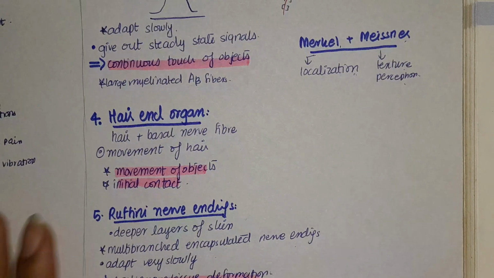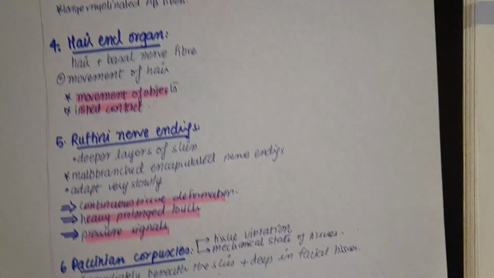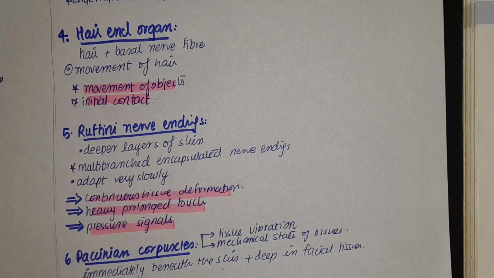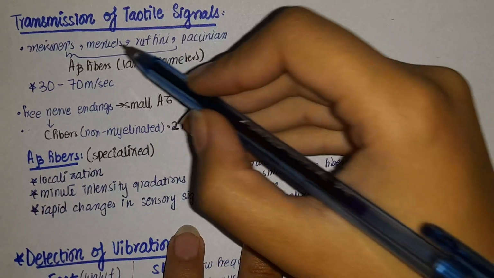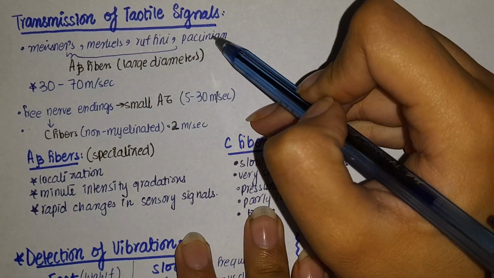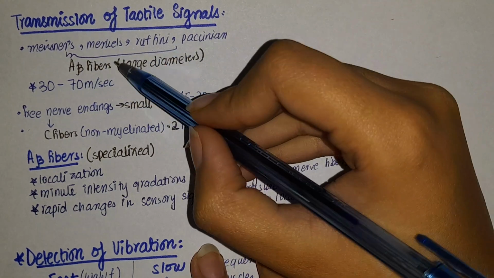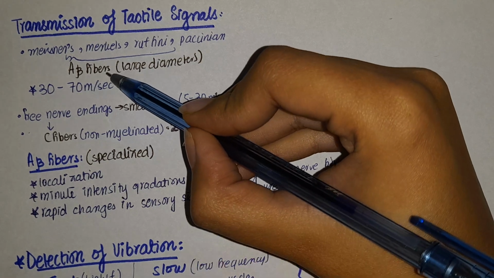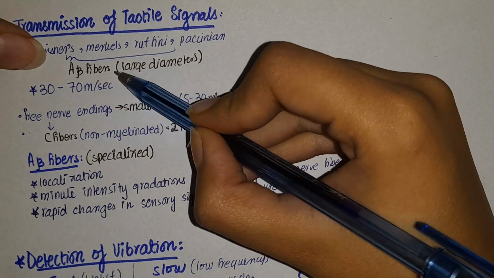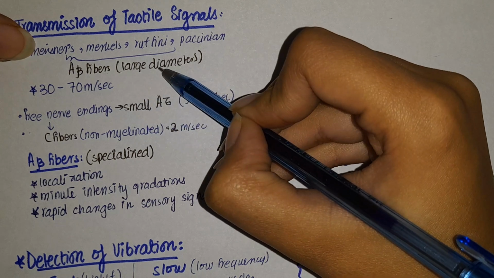Now we are done with the tactile receptors. Now let's discuss how the transmission of the tactile sensation takes place. As we have already discussed, Meissner corpuscle, Merkel disc, Ruffini nerve ending, Pacinian corpuscle, they all send this sensation by A beta fibers, which are large diameter fibers.